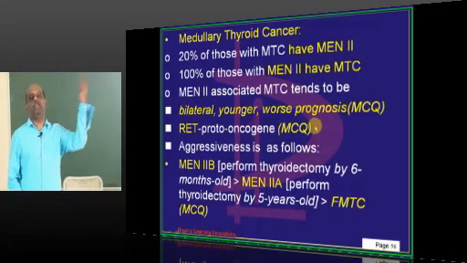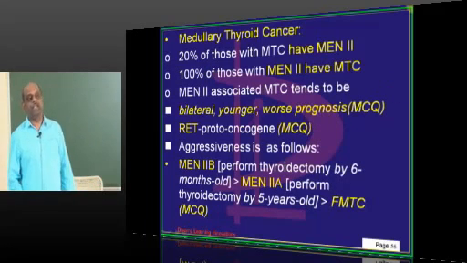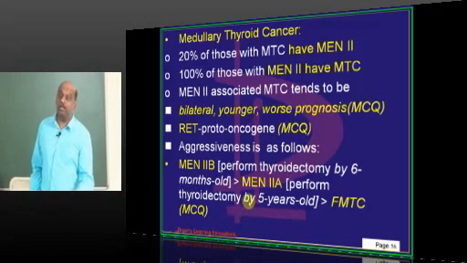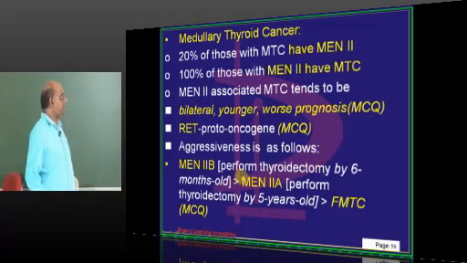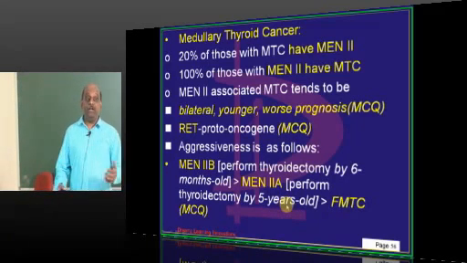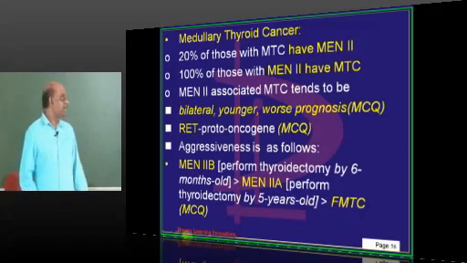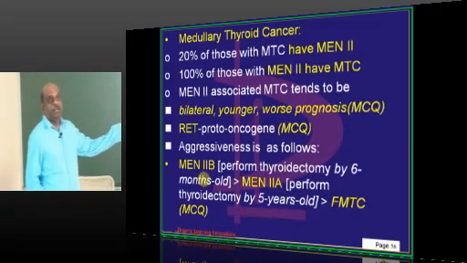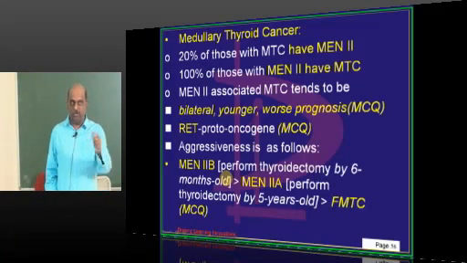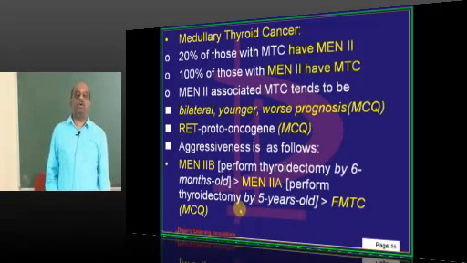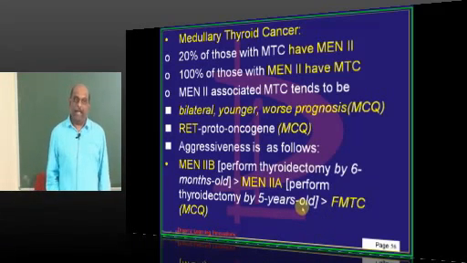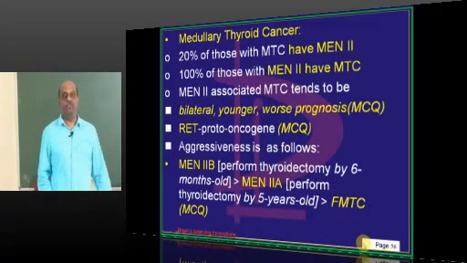When it is a part of MEN 2, it will show RET proto-oncogene mutations. Once more, on top of that, there is MEN 2A and MEN 2B. If MTC is a part of MEN 2B, it is most aggressive out of all, followed by when it is a part of MEN 2A, followed by when it is a part of FMTC.